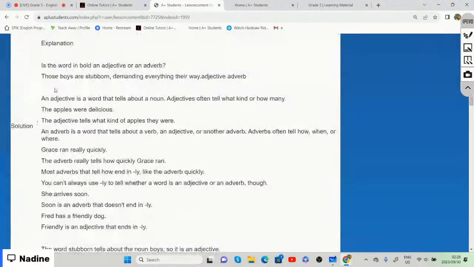An adverb is a word that tells about a verb. So it tells us about the verb, the adjective, or another adverb. And adverbs often tell how, when, or where.